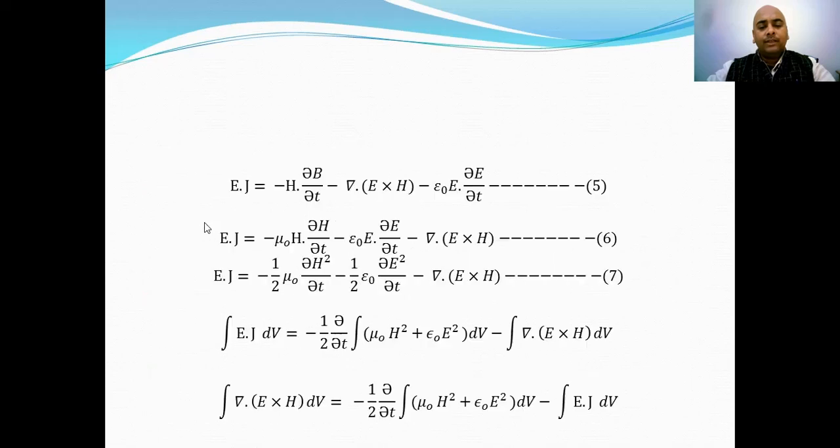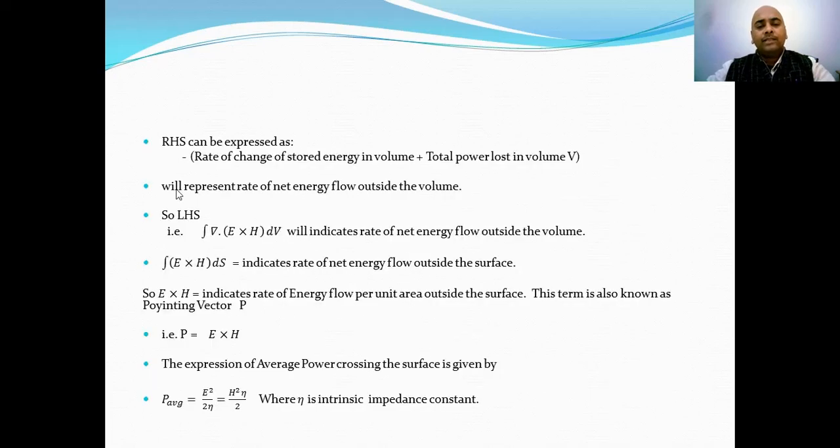So the right hand side of this equation, that is the second and third terms, we can say is minus the rate of change of stored energy in the volume plus the total power lost in volume V, and the negative sign of this will represent the net energy flow outside the volume.